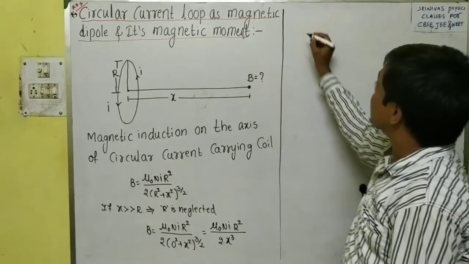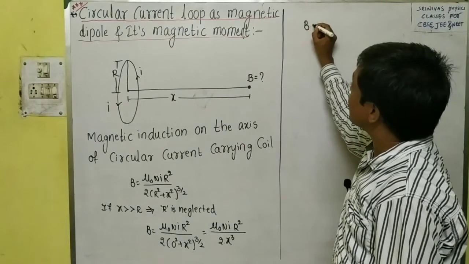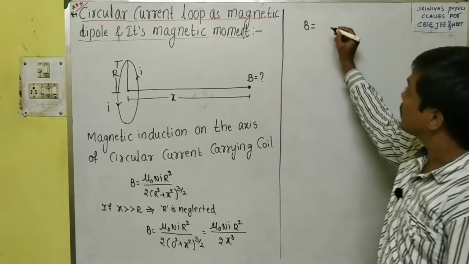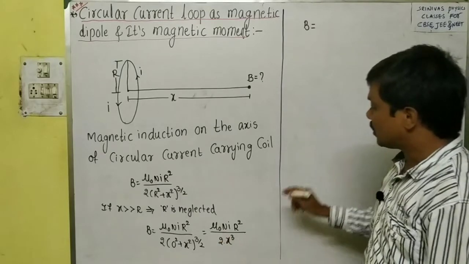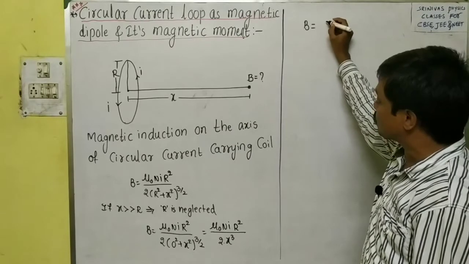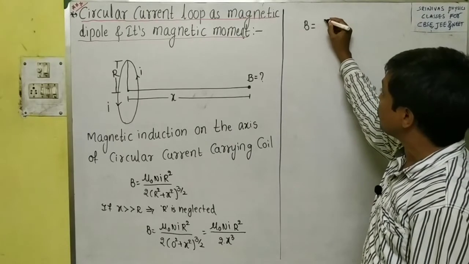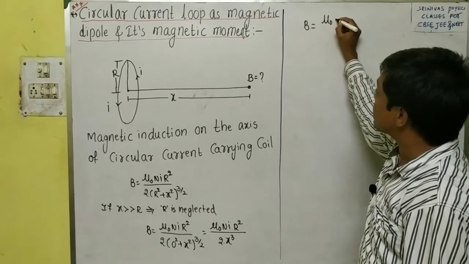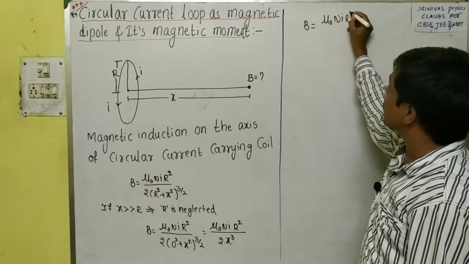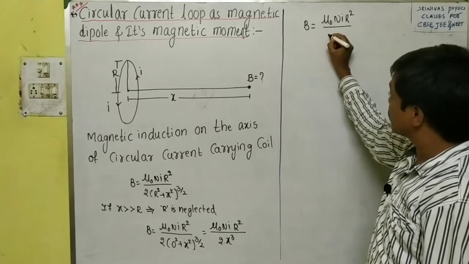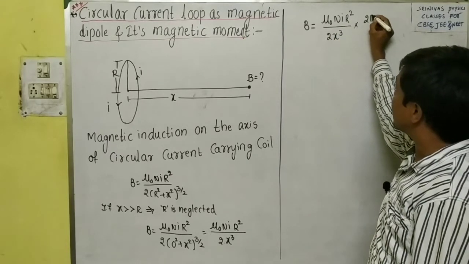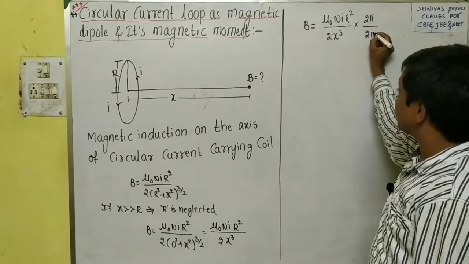How will I modify? Magnetic induction on the axis of the coil, I want to change like this. I want to multiply with 2 pi and divide with 2 pi, in the denominator 2x cube also multiplied with 2 pi and divided with 2 pi.